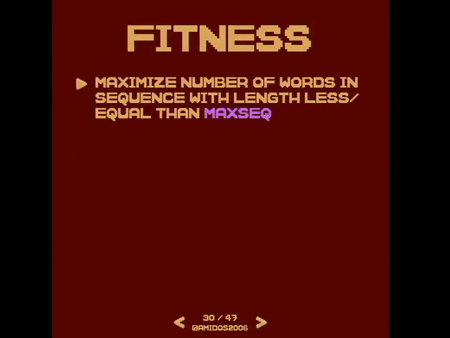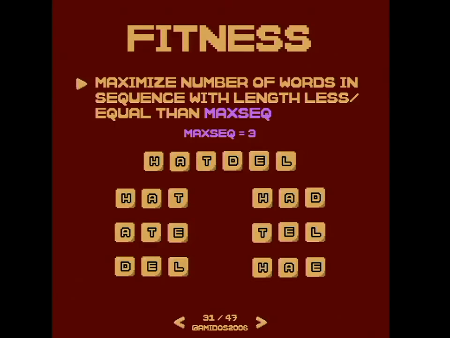For our fitness function, it was more like a challenge because we wanted to try to control the difficulty of the level a little bit. So it consists of 2 parts. The first one tries to make words that come right after each other more apparent. For example, we define something called the max sequence. Let's say the max sequence is 3.